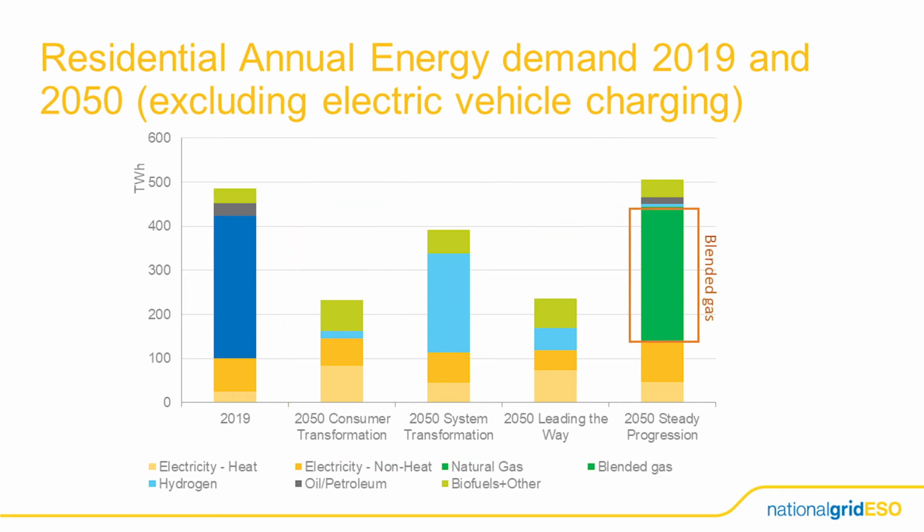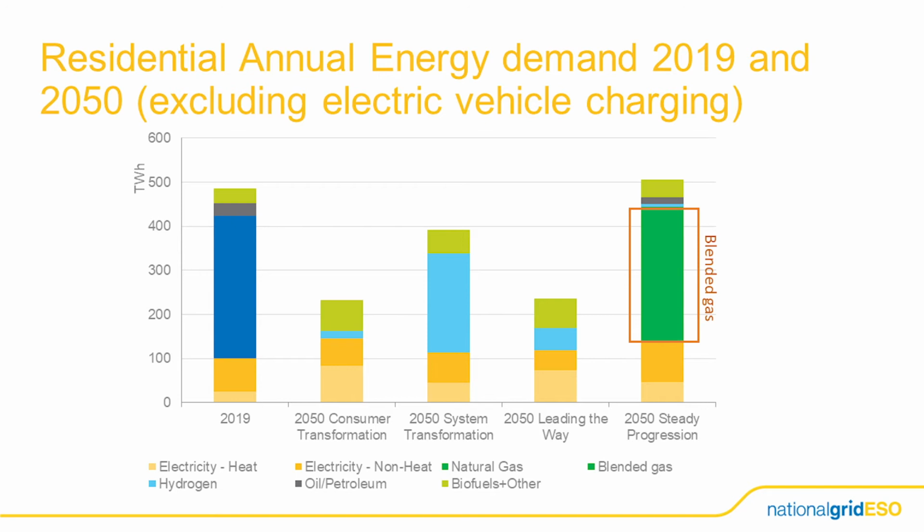In the steady progression scenario, gas remains the main source of heating, although we'll be using less gas overall than today due to more electrification in off-grid homes and some improvement in home insulation as well as boiler efficiency. And by 2050, a good percentage of all gas being used in homes in steady progression will be hydrogen or biomethane in blended form.